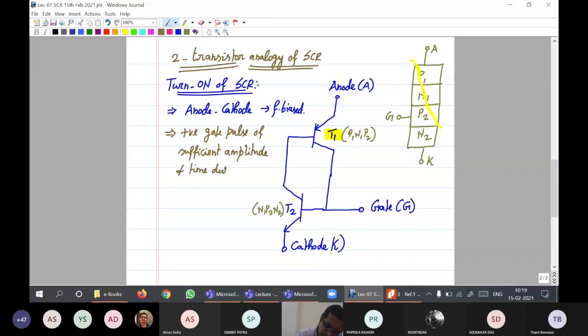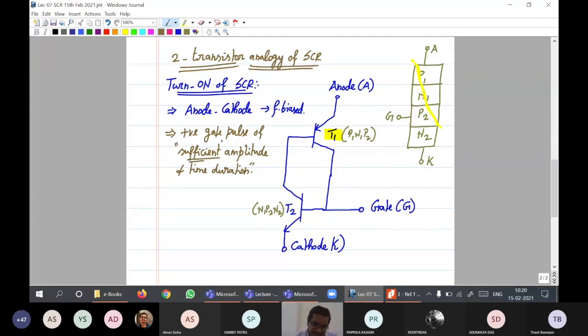I will tell the reason for the stress that is placed on this term, sufficient amplitude and time duration. Now, what is going to be sufficient? How do you quantify that?